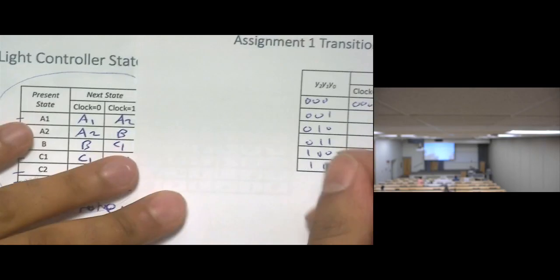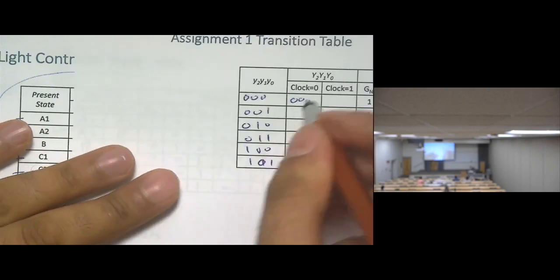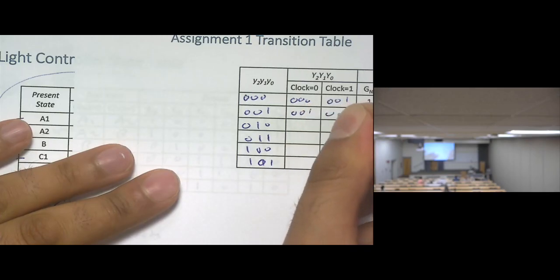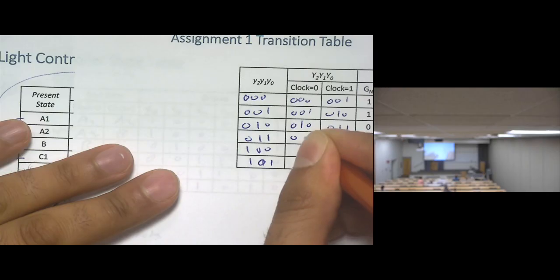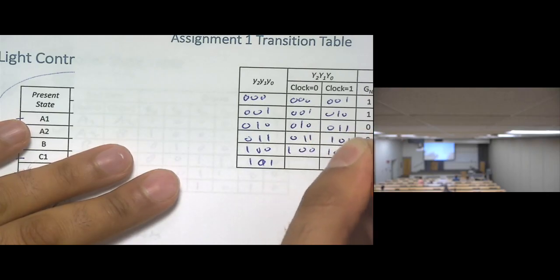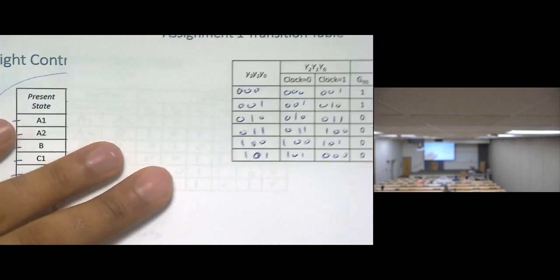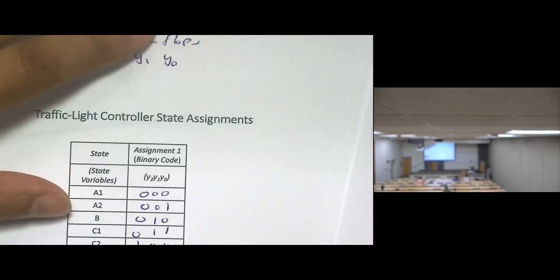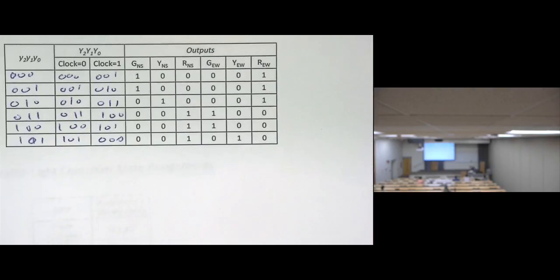Then here the next state will be 0, 0, 1, 0, 0, 1, 0, 1, 0, 0, 1, 0, 0, 1, 1, 0, 1, 1, 1, 0, 0, 1, 0, 0, 1, 0, 1, 1, 0, 1, then here 0, 0, 0. Just substitute the corresponding variables based on the table that we did. Then we will get this table.